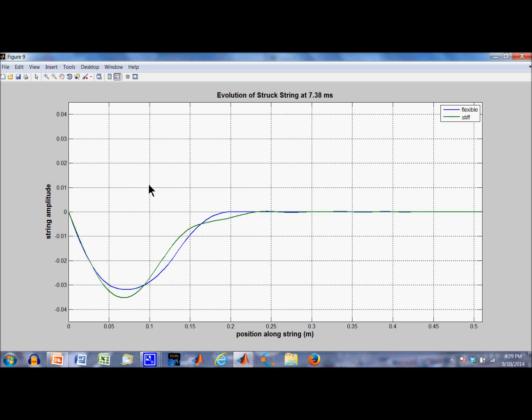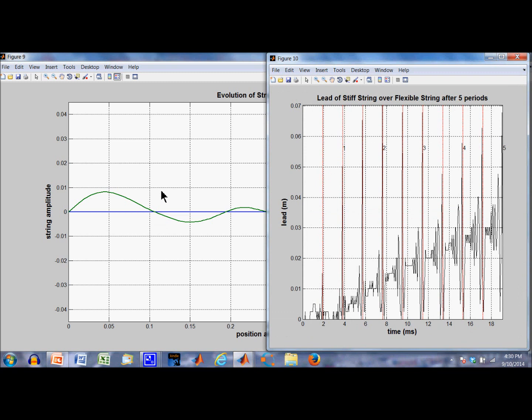And the difference in the two strings is due to the elasticity of the stiff string. And you can go through there and calculate the lead of the stiff string over the flexible string, and I did it for 5 periods. You see here, for example, the red line is the moment in time when there's a reflection. Here's the reflection over the bridge, here's a reflection over the right-hand side of the string.